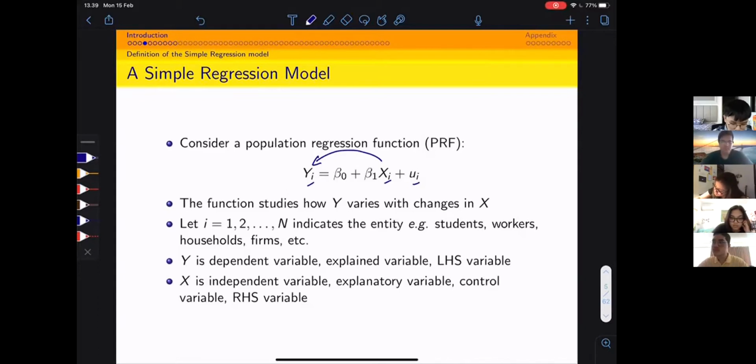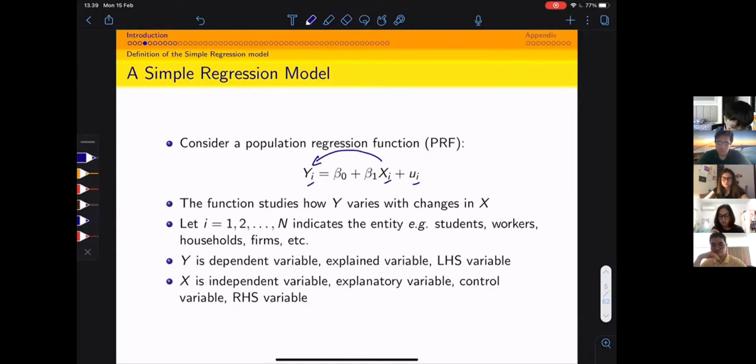If you care about the effect of CEO salaries on business performances, then the entity could be the firm. If you care about whether or not financial loans have any effect on the profitability of businesses, then the entity that we care about here is small and micro firms. So it really depends on the questions that you're asking.